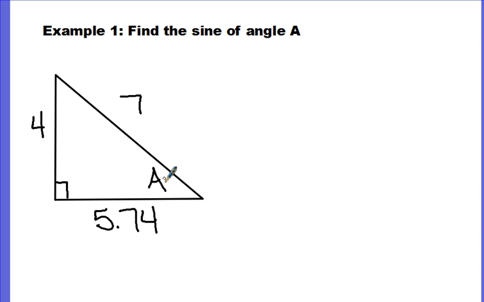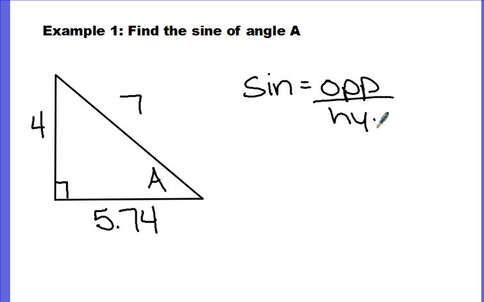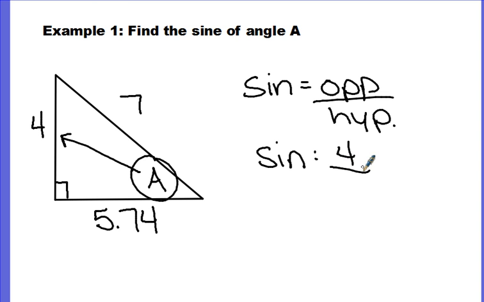Now, we're finding the sine of angle A, and as we just saw in the previous slide, sine is the opposite over the hypotenuse. Now, if we look at angle A, the side opposite that angle is the side 4. So we have 4 over the hypotenuse.